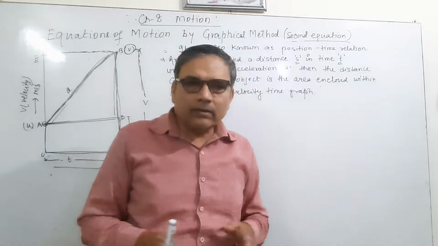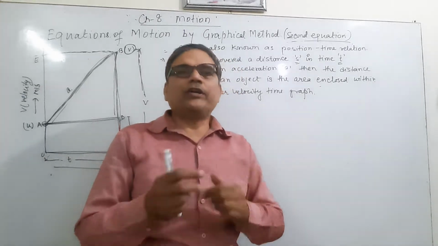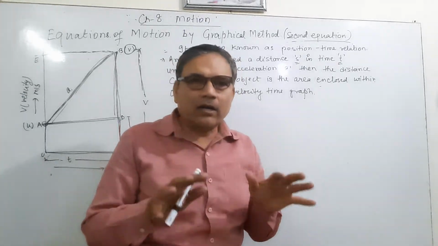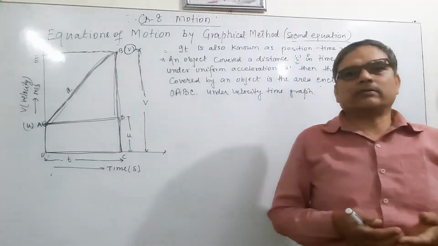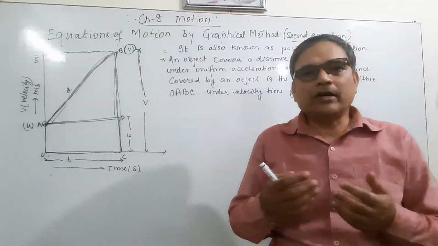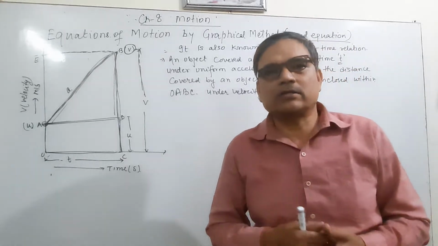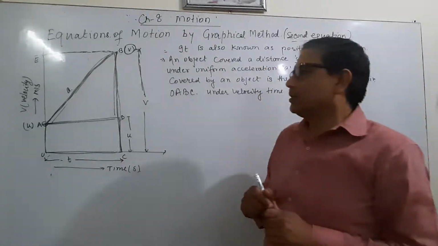Then we know very well, in the VT graph, the area under the curve or the area of the enclosed figure in a given VT graph represents the distance covered by an object.